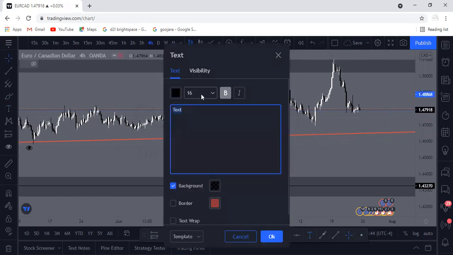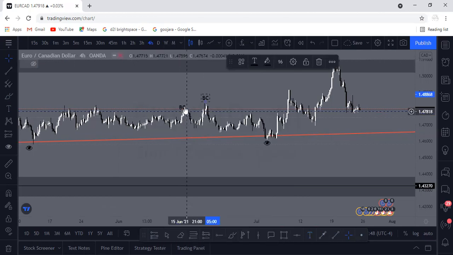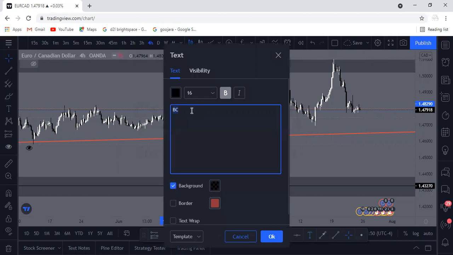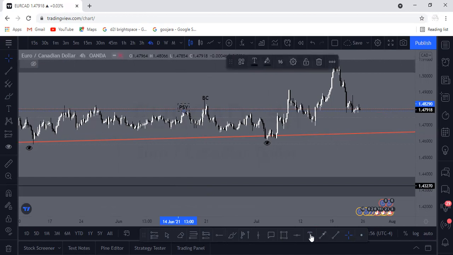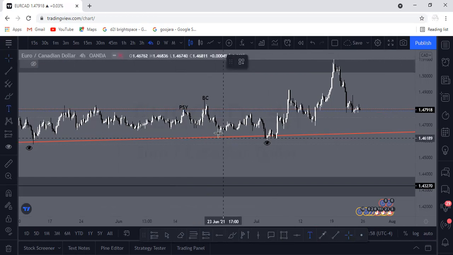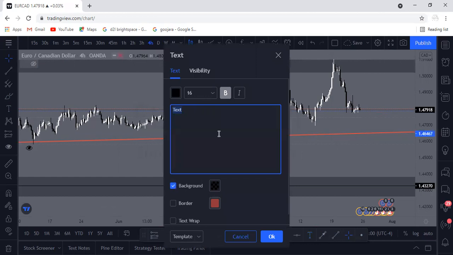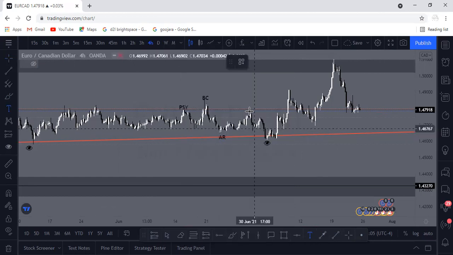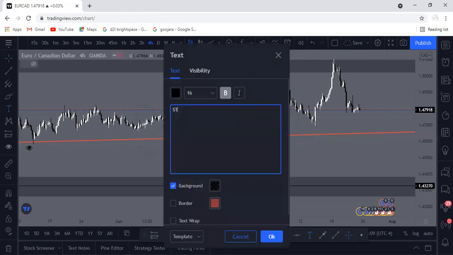This is the buying climax. Here, this was a preliminary supply. And then here I see the automatic reaction. And then above here, I see this secondary test.